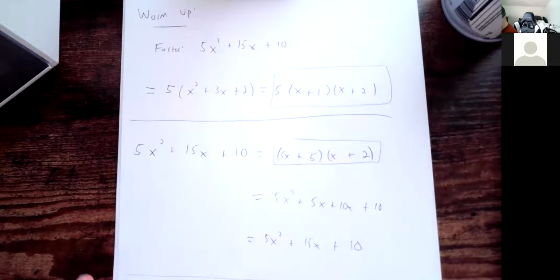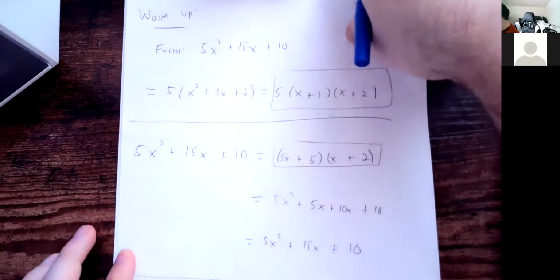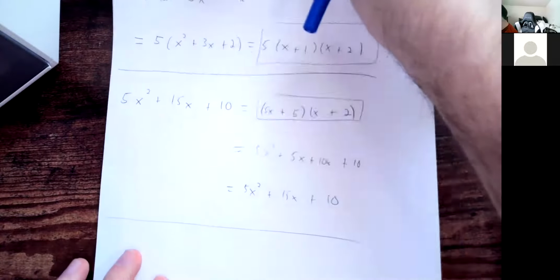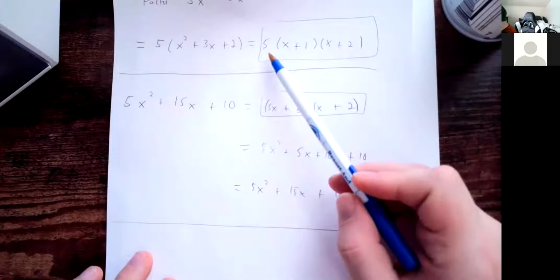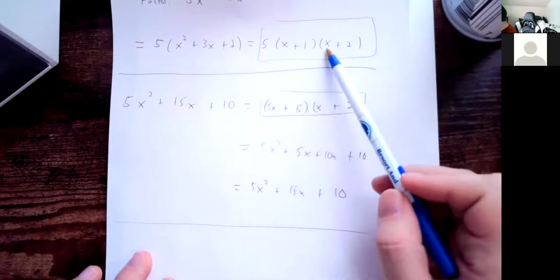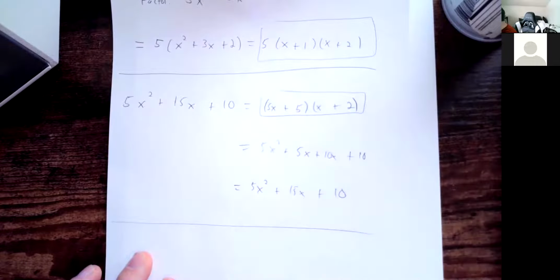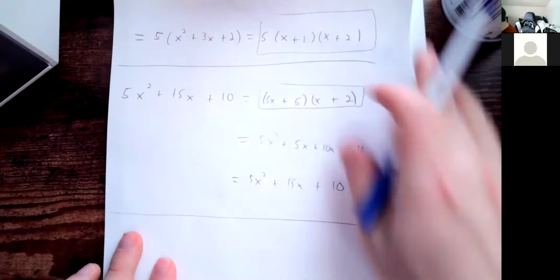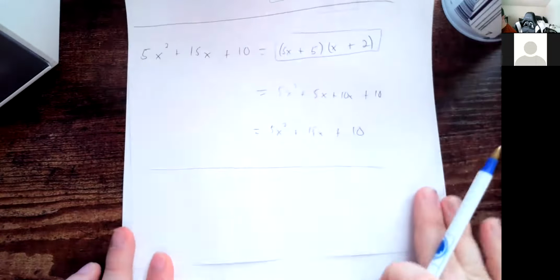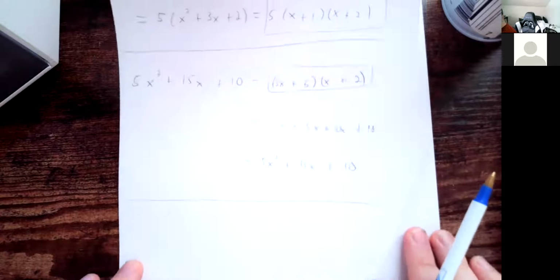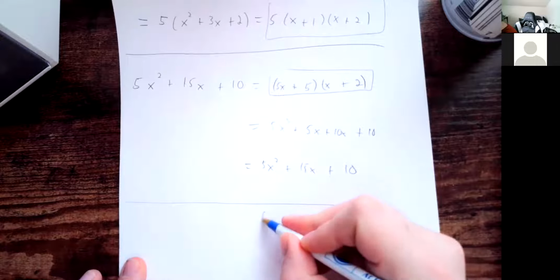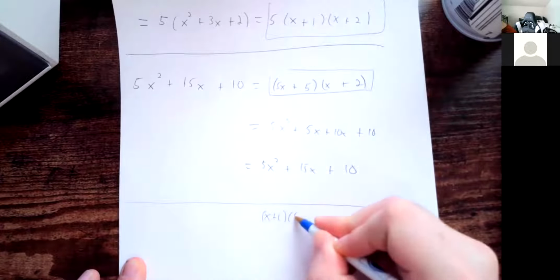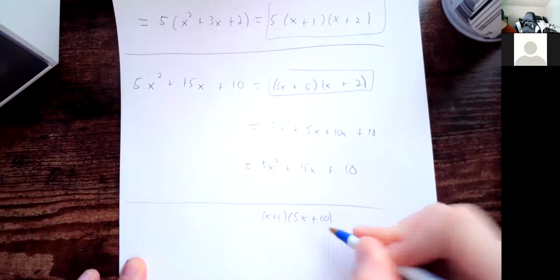On the other hand, thinking about that a little bit more, you could have distributed the 5 onto the x plus 2 instead of the x plus 1. And that's valid. That's okay. And if you do that, you get something like x plus 1 times 5x plus 10.